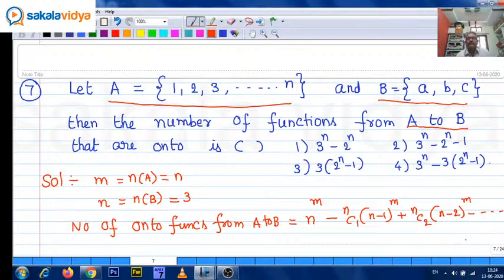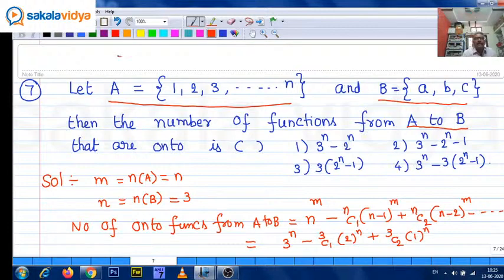Leave it now. So this equals 3 raised to n minus 3C1, 3 minus 1 is 2, m is equal to n, 2 power n plus 3C2, 3 minus 2 is 1, 1 to the power of n.